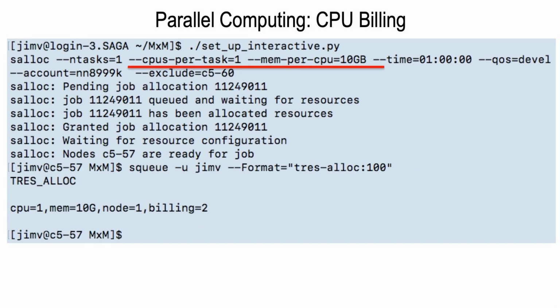Let's request another interactive compute job with a single CPU core and 10 GB of memory. How many CPU hours will be deducted from my CPU quota when I request 1 hour of wall time? We can see that the job requests 1 CPU core, 10 GB of memory, and 1 node with billing equal to 2.